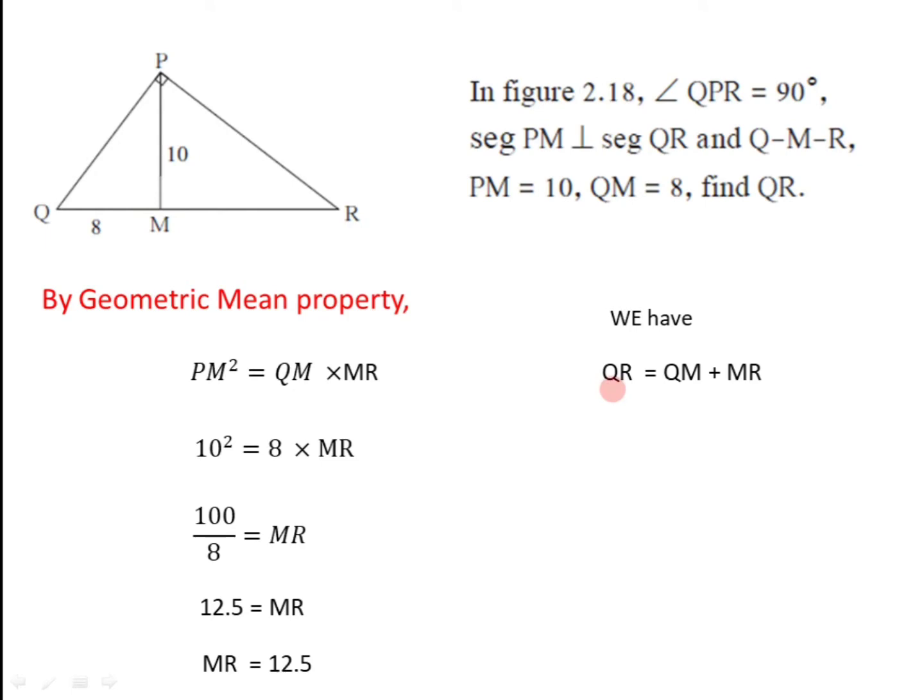That's why we can write this. QR is equal to QM plus MR. Now we have both the values of QM and MR. We should just replace QM by 8 plus MR is 12.5. So 8 plus 12.5, that's 20.5. So this is the length of segment QR. Let us have the next question.